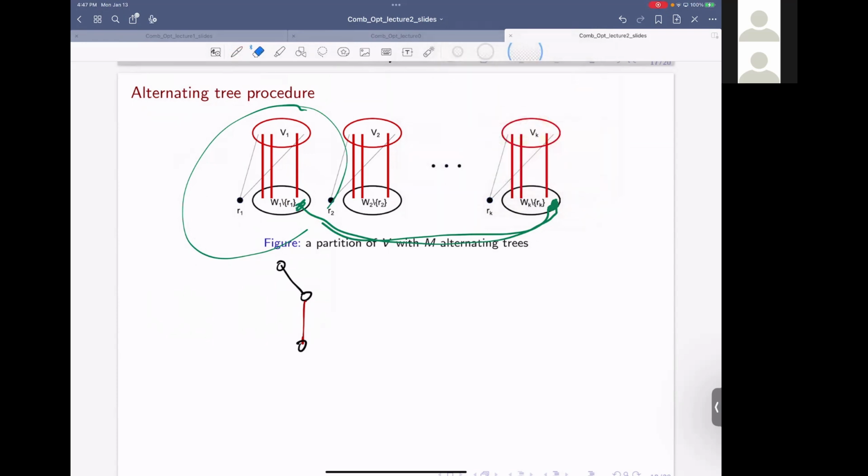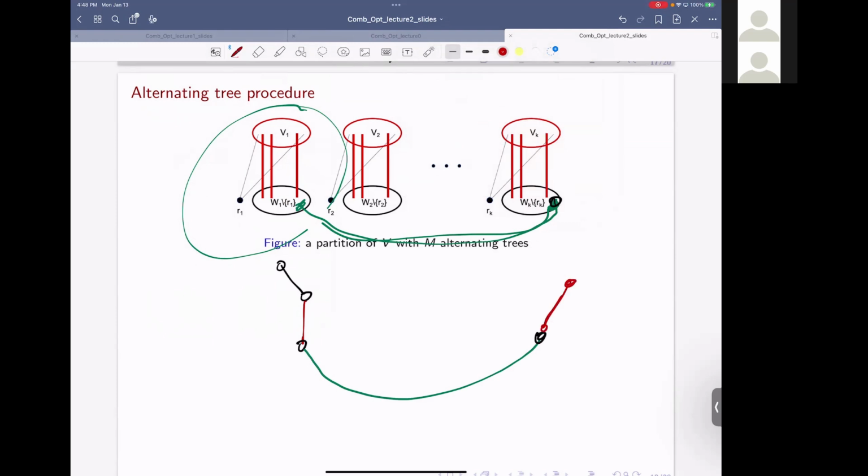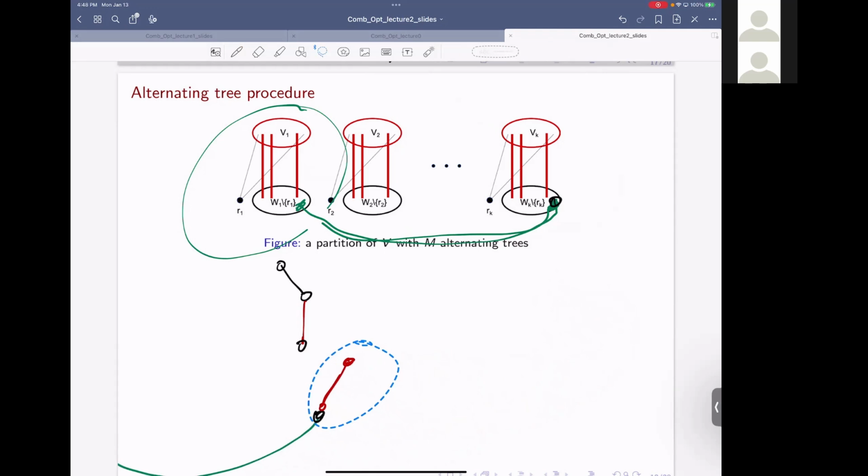But let's say I have an edge between this one and a black vertex right here, which itself is connected to a matching edge. Then you can just include this thing. You can bring this edge over here, and instead of this green edge, you can extend your tree by adding this edge. So this simply violates our assumption that your tree is maximum.